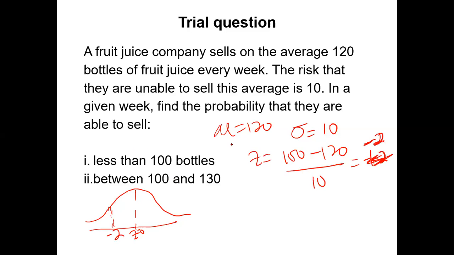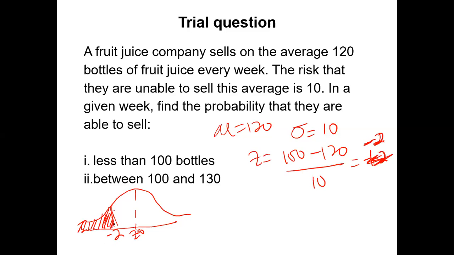We are looking for less than 100, or less than a standardized value of negative 2. So we are looking for this portion, okay. Now, mind you that anytime you read the answer from the table, it gives you the value from a z-score of 0 to the z-score you've computed.